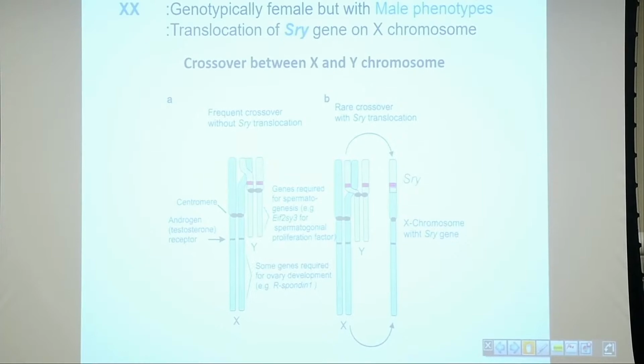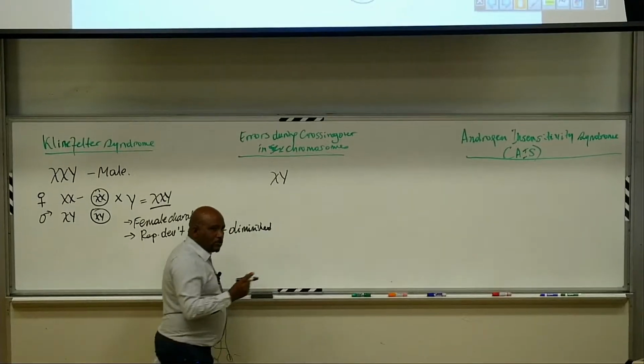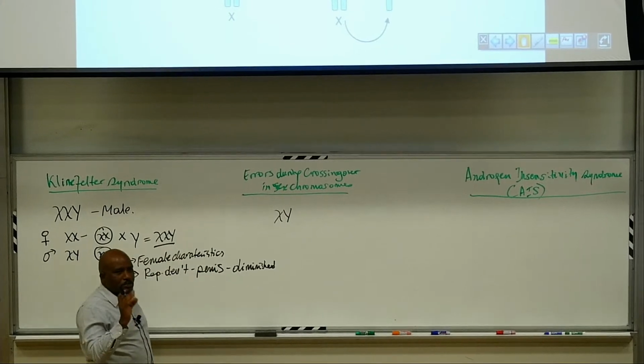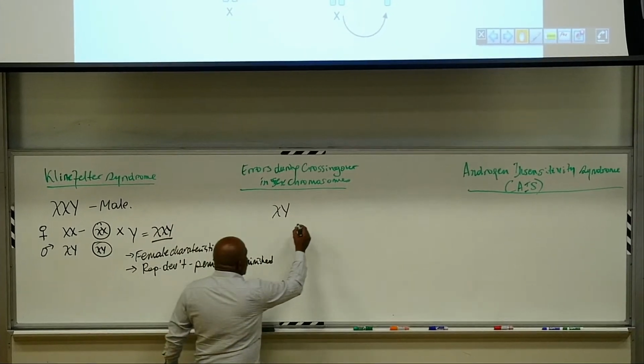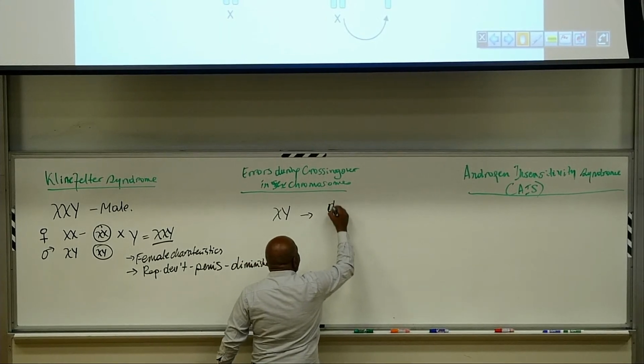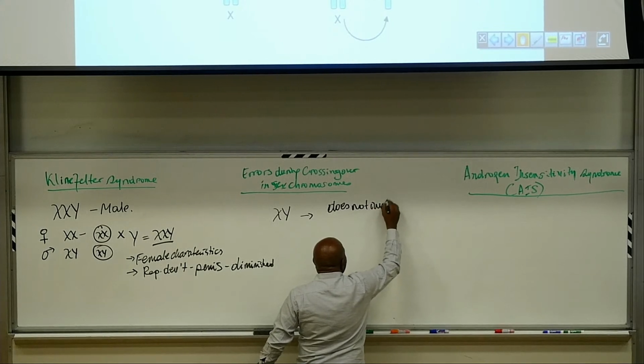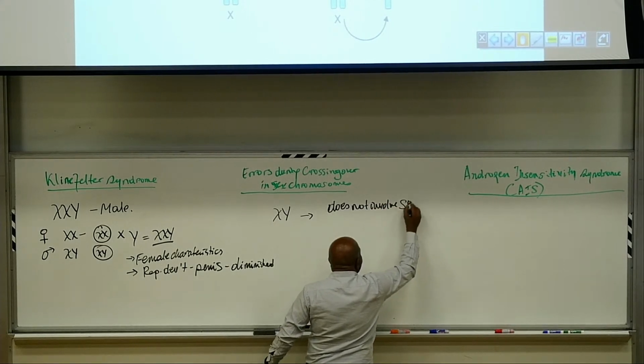errors during the crossing over of X chromosomes. Under normal circumstances, when crossing over happens during meiosis 1, the crossing over does not involve the SRY gene.